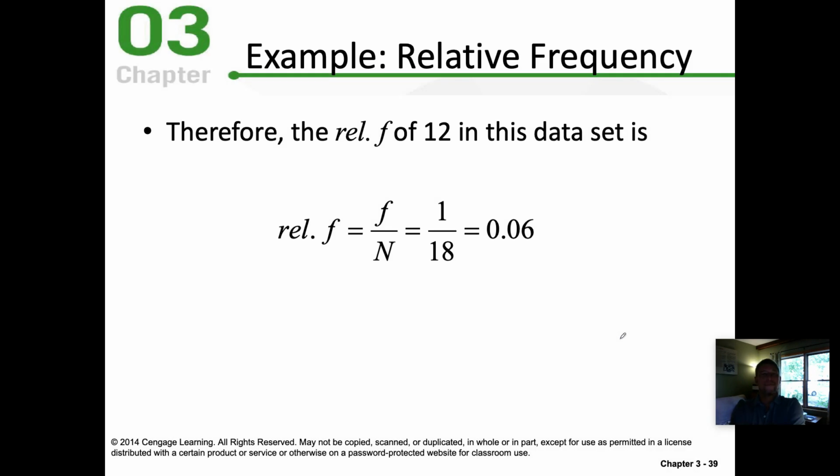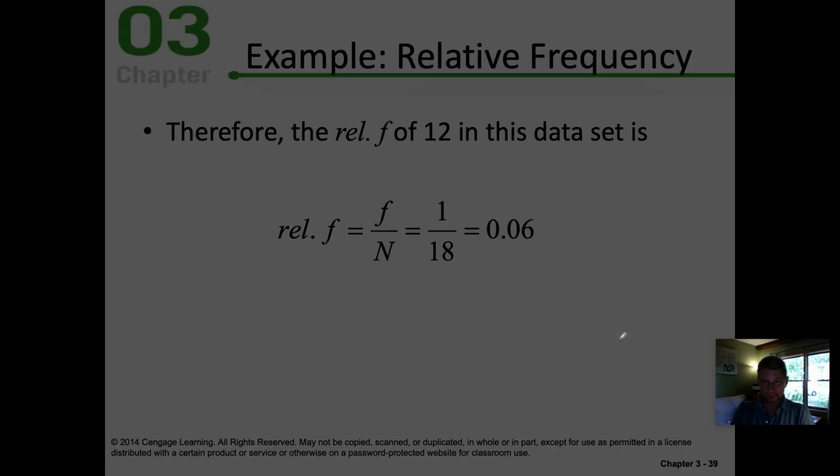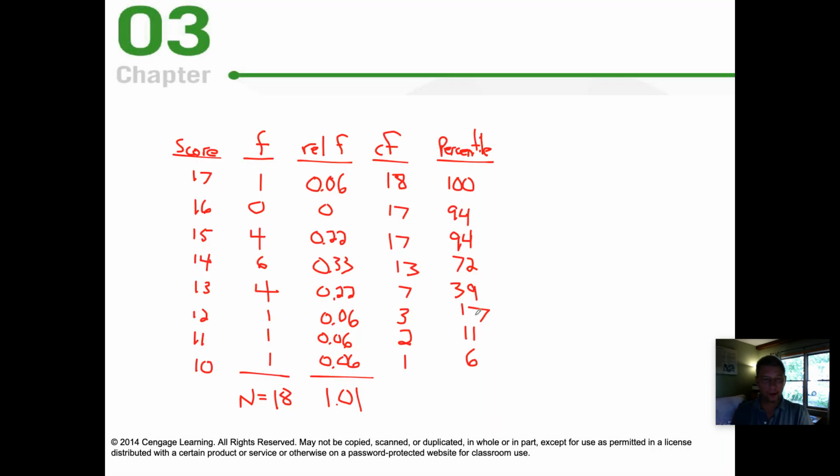Now, the relative frequency of 12 in this data set is going to be the frequency, which we calculated as 1, divided by n, which is 18, and that gives me 0.06. So that's the relative frequency of 12 in this data set. Let's go back. Here's 12, here's the relative frequency.